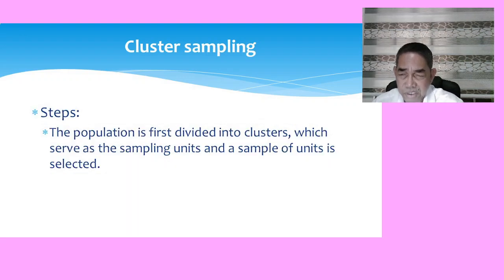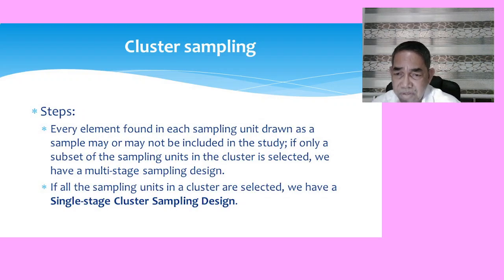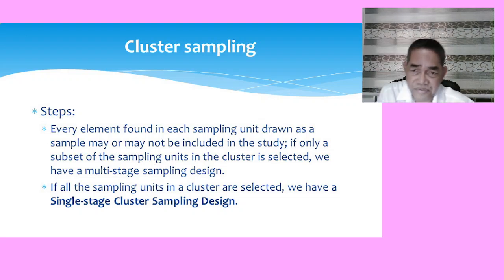Going back, we select a sampling unit. There are 4 sampling units: first year, second year, third year, and fourth year. I select only 2 sampling units. Suppose I am able to select the first year and the third year.